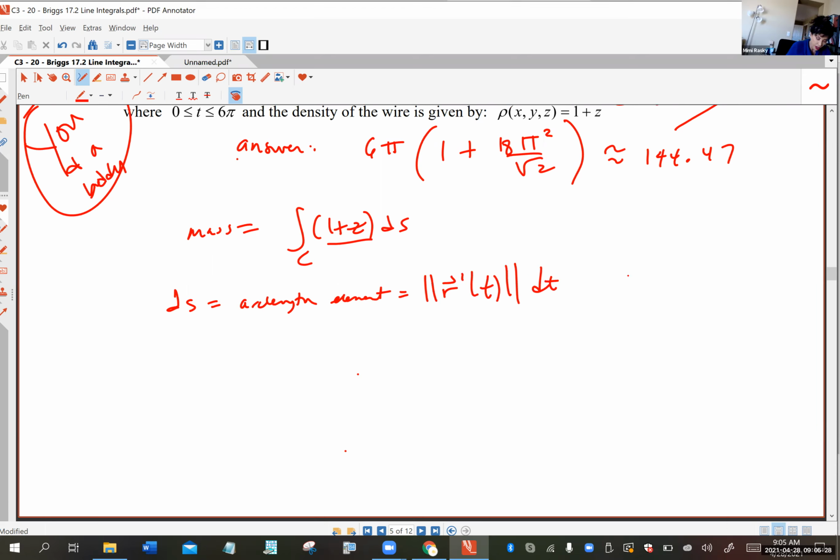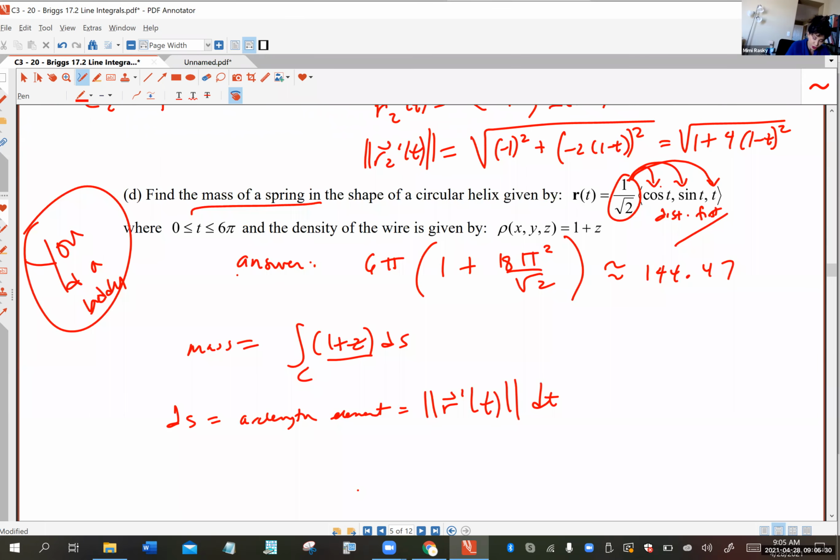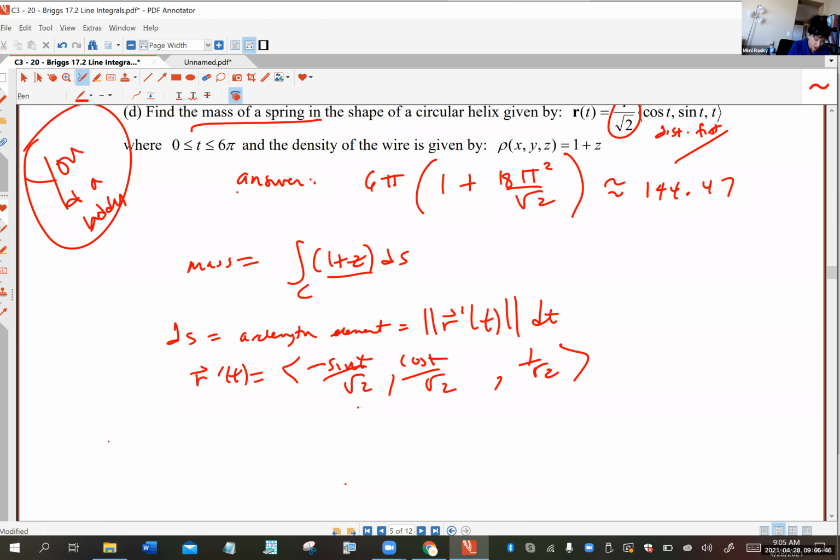So your r prime, after you distribute the 1 over square root of 2 for your r, you'll get negative sine t over square root of 2, and then cos t over square root of 2, and then 1 over square root of 2. There's your r prime.